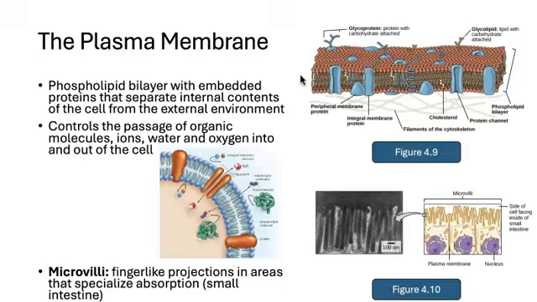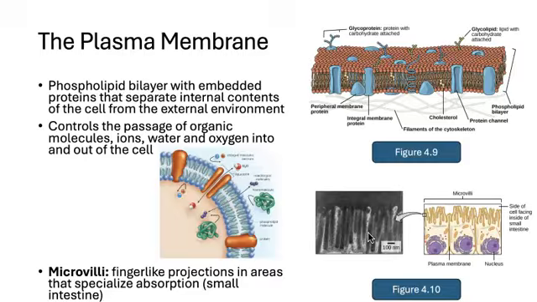For people that have celiac disease, they have an immune response to gluten that really damages microvilli. And so I'm going to show you on these cells here, which have all of our organelles in here. You can see at the very top they have these microvilli. Now, what are those? They're these finger-like projections, which we could see over here as well, that are going to be found in cells that specialize in absorption, such as our small intestines.